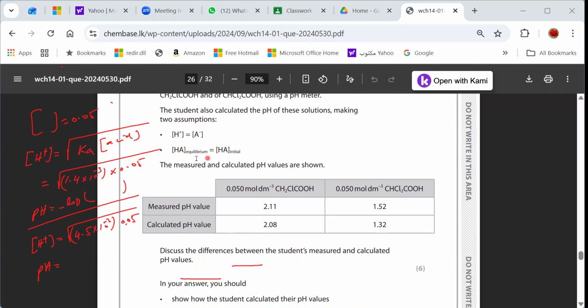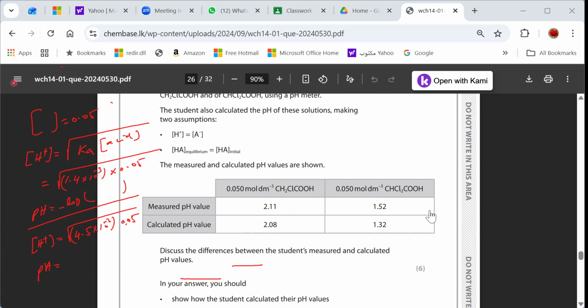We used the initial instead of using the concentration of the acid at equilibrium. And because here the dichloroethanoic acid is a stronger acid than the monochloro, that's why there is the difference here.